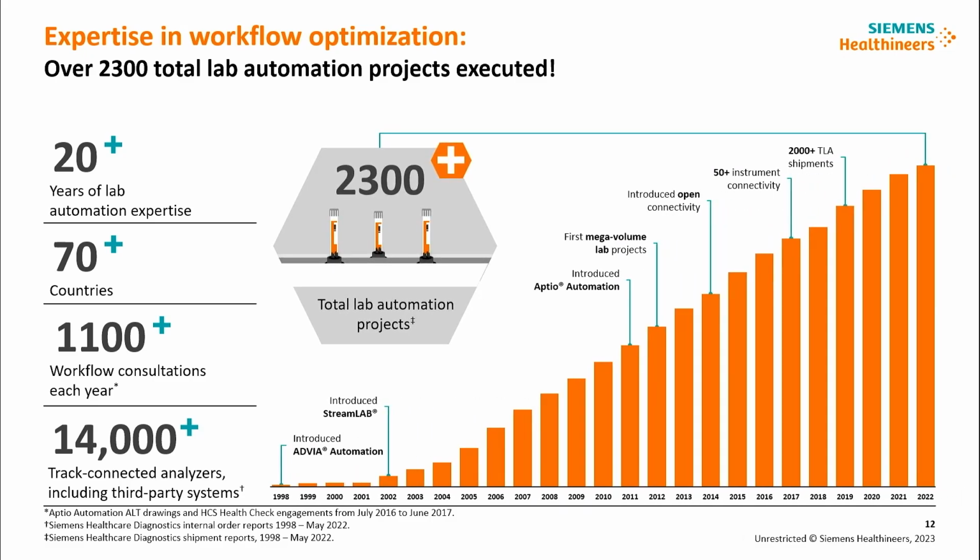I guess everyone likes numbers, especially when it comes to statistics, but numbers cannot only convey how much we are expert in the automation, but at least it will give you an idea why Siemens has gained the leading rank for total lab automation, because we are available for more than 20 years in automation, and we are available in more than 70 countries across the 5 continents, and we have more than 2,300 automation live globally.